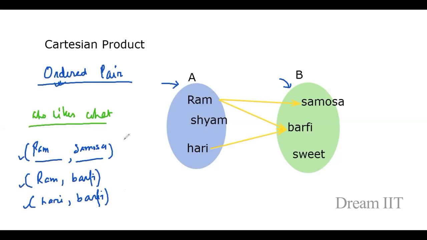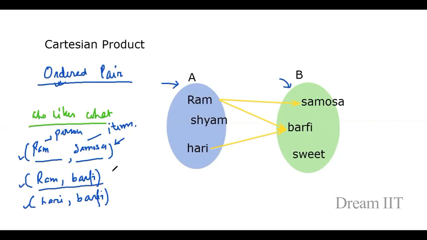Now this pair is known as an ordered pair, because I have already fixed that the first place is reserved for the person and the second is for the item. In no case will you change this. Tomorrow, if instead of 3 persons I take 10 persons, and instead of these three objects I take 10, 12 or many objects, this particular order will remain the same.